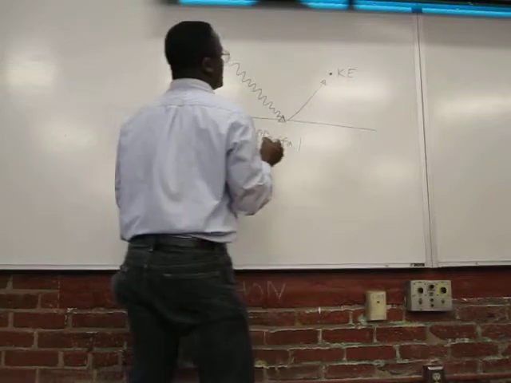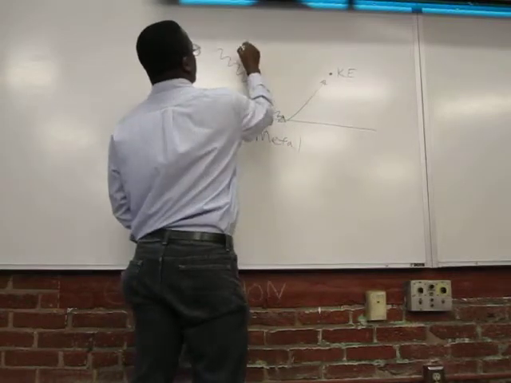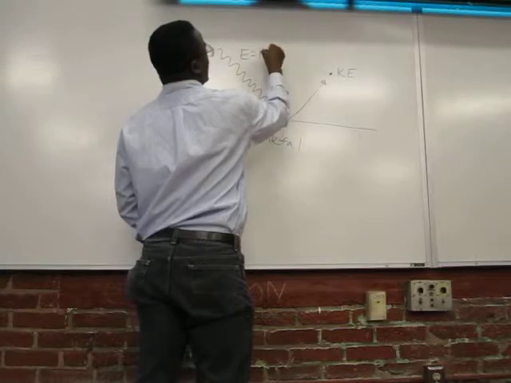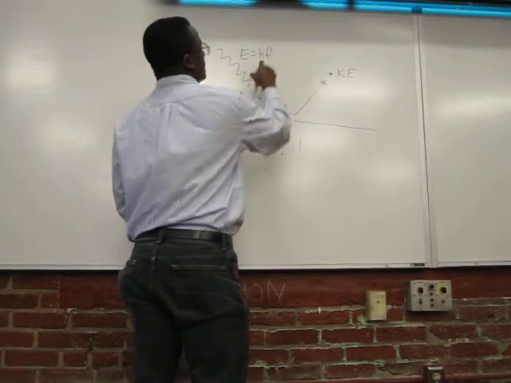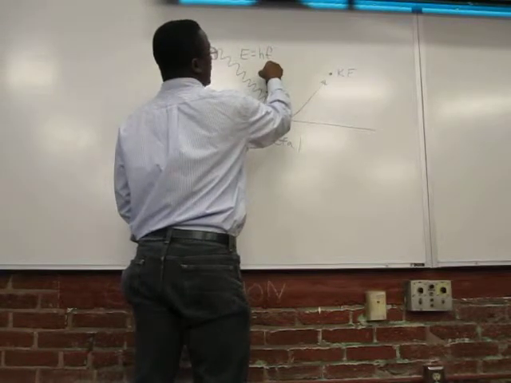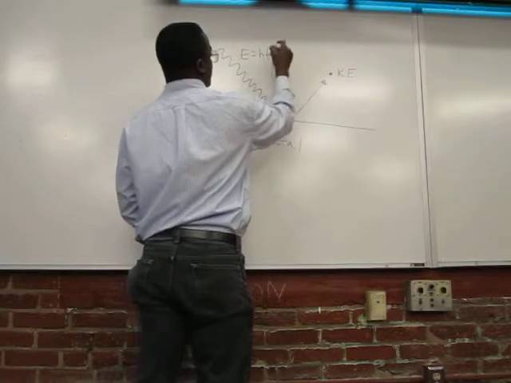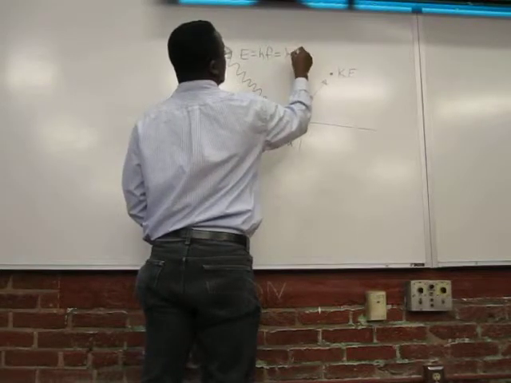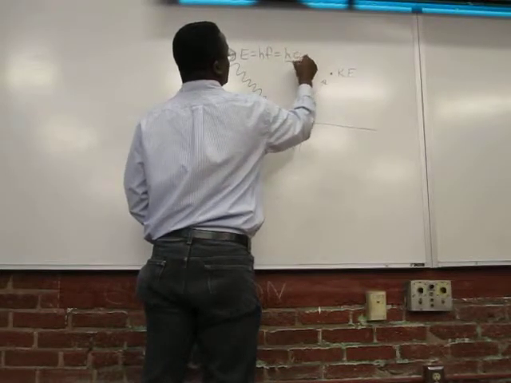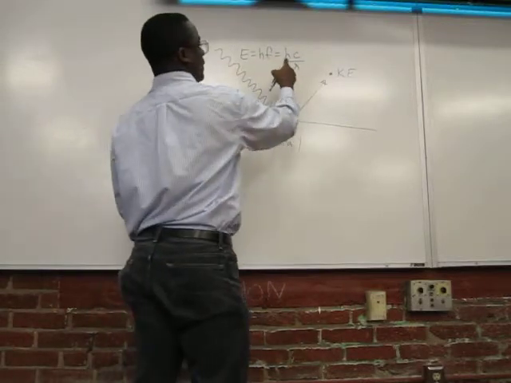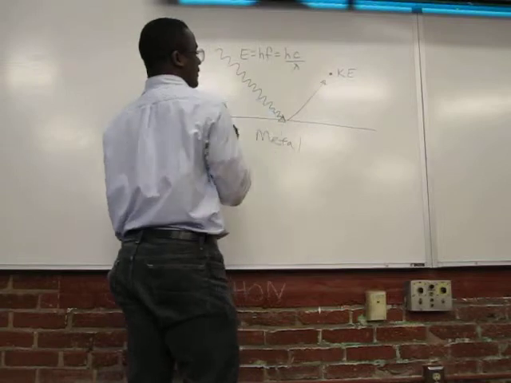Where did it get that kinetic energy from? It gets the energy from the photon. What's the photon's energy? It's hf. It depends on the frequency of the photon. If you give me the frequency of the photon, I can tell you that its energy is that frequency times Planck's constant. If you give me the wavelength of the photon, it's Planck's constant times c over lambda. So if you give me the frequency or the wavelength, I can give you the energy of the photon.